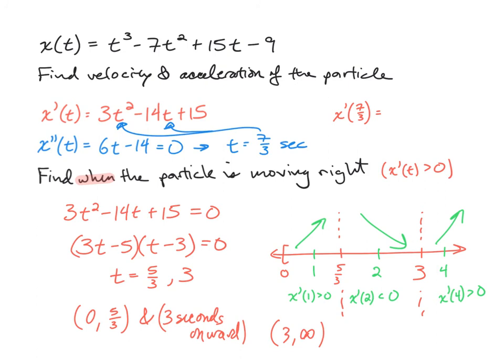And it turns out that if you take this 7/3 seconds and put it in for this velocity function, you do end up with a negative 4/3 for the velocity. That's just units per second. All right, one more example, then I promise I'm done.